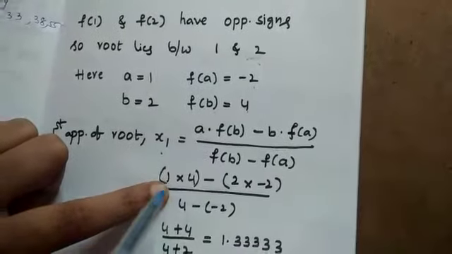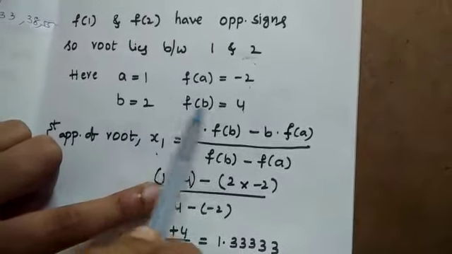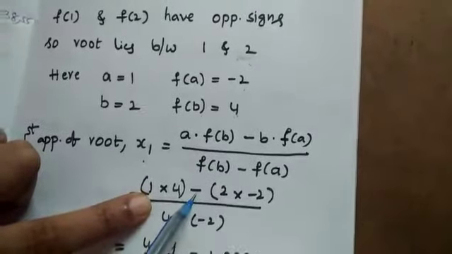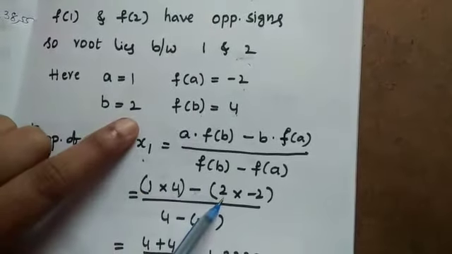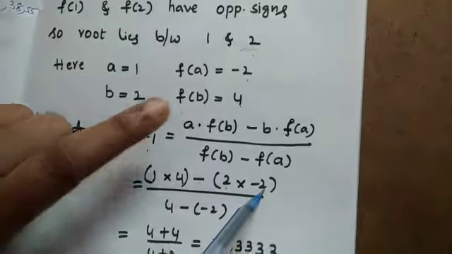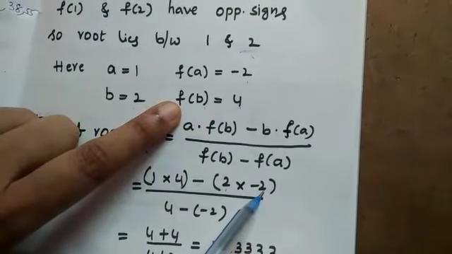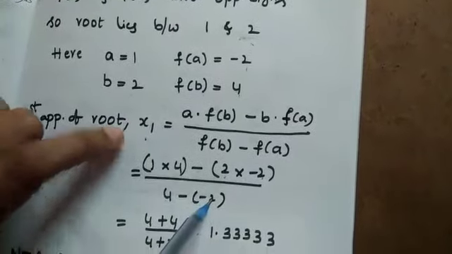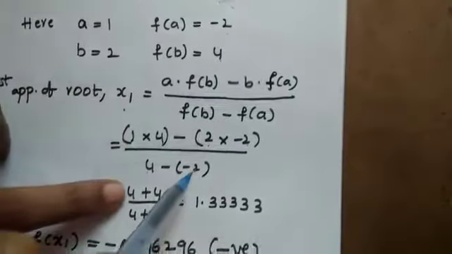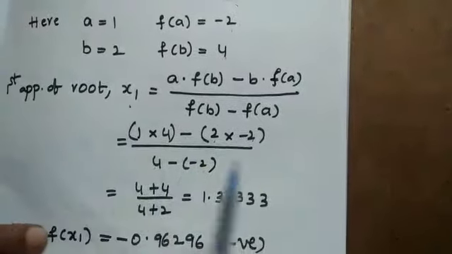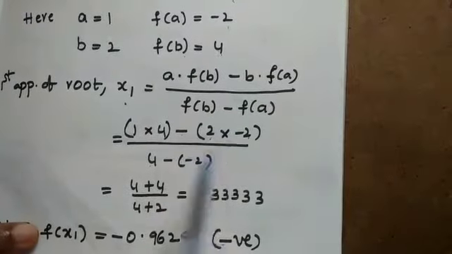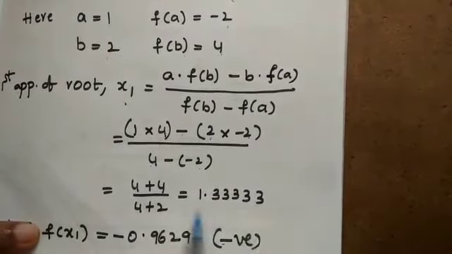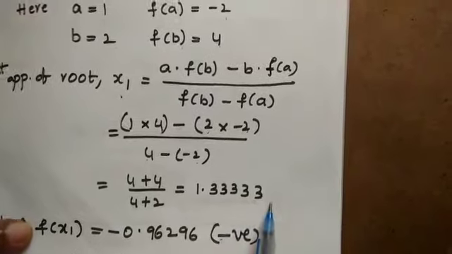Substitute a = 1, f(b) = 4, b = 2, f(a) = -2, with f(b) = 4 and f(a) = -2 in the denominator. Once you simplify with the minus signs and evaluate, the value is 1.333.